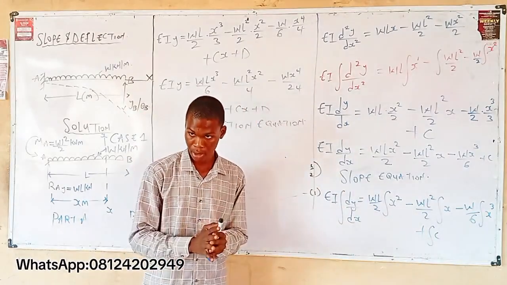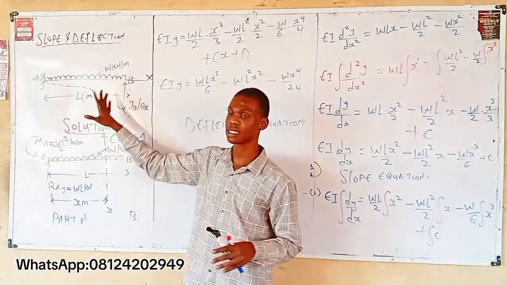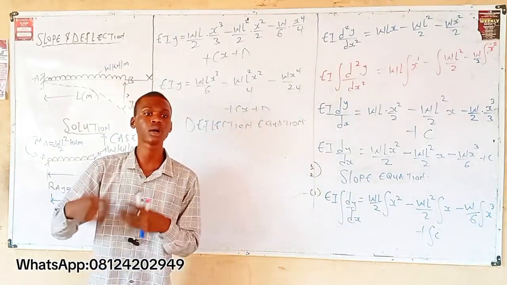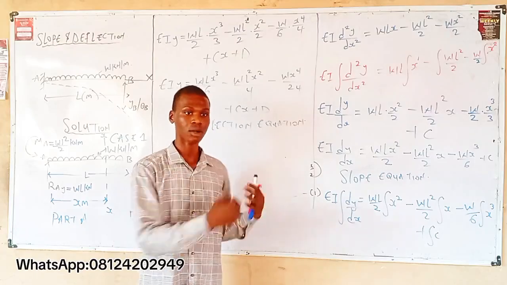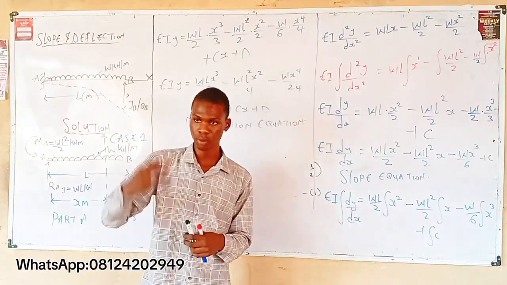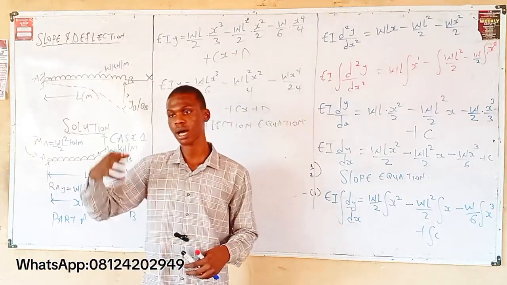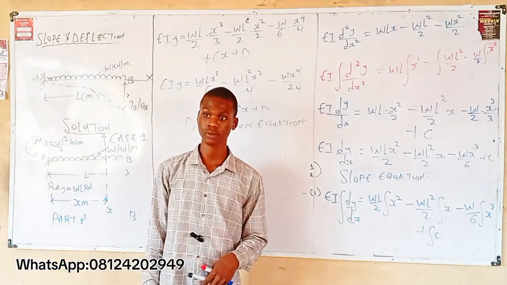Why? Because generally any beam like this has a constant formula. But in a case whereby your beam is loaded with several loads, you have to undergo this process to get the formula for that particular beam, the slope of that beam and the deflection of that beam. You get what I'm saying?